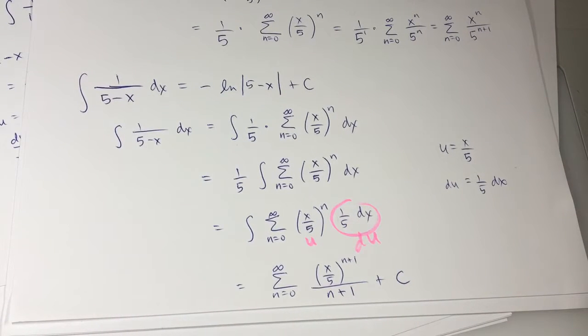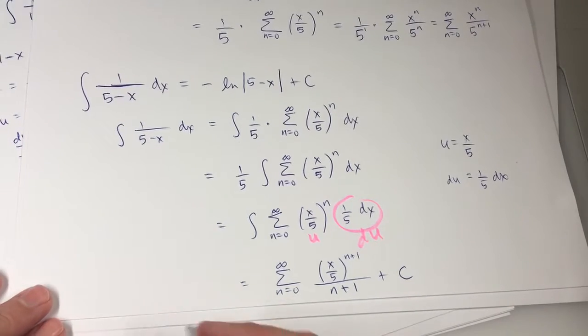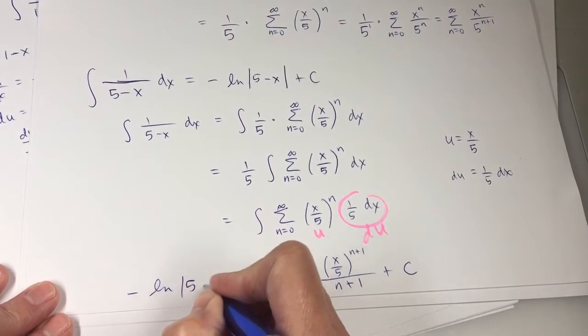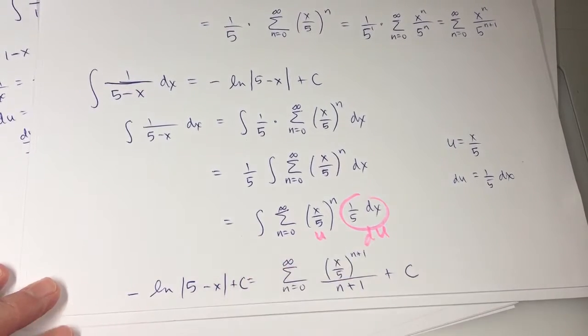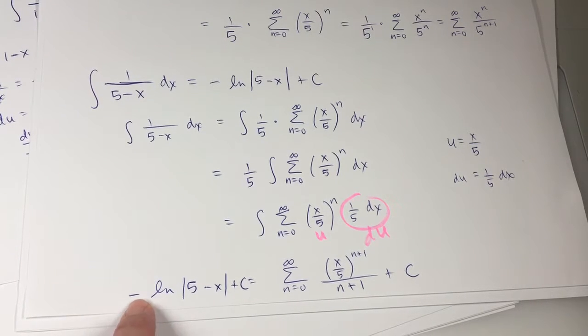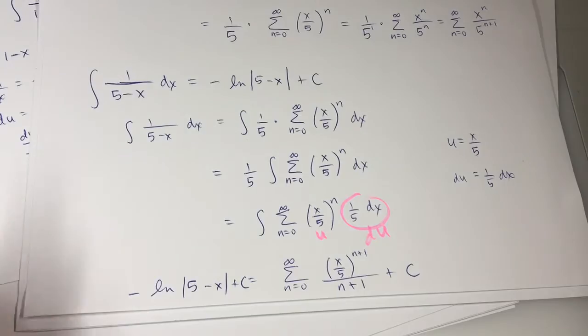This is not quite what they wanted us to find. And I probably should say, let's go ahead and find a value for c. I'm not going to do that part of the problem. What they wanted us to find was the positive. So what can we do? Just multiply both sides by negative.